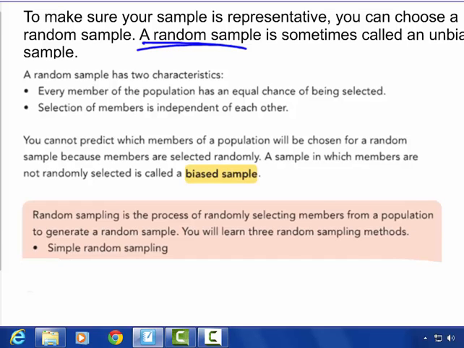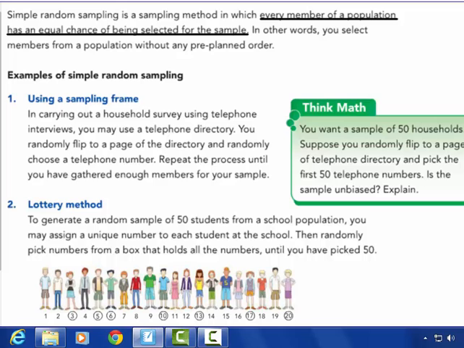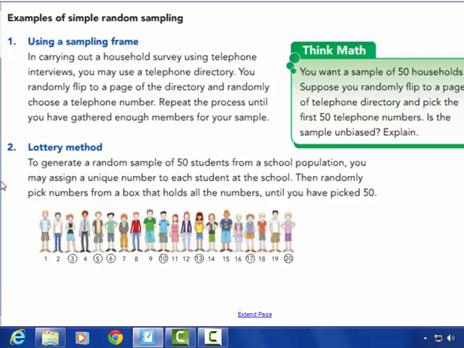So, ways of sampling: simple random sampling, using a sampling frame, for instance. If you have an interview, the sampling frame could be looking up in the phone book, but most people have cell phones now, so they might not be listed in the phone book. You could use the lottery method, where you give everybody a ticket, for instance, and then they write their names on it, then you put all the tickets in a bowl and pick a ticket out.